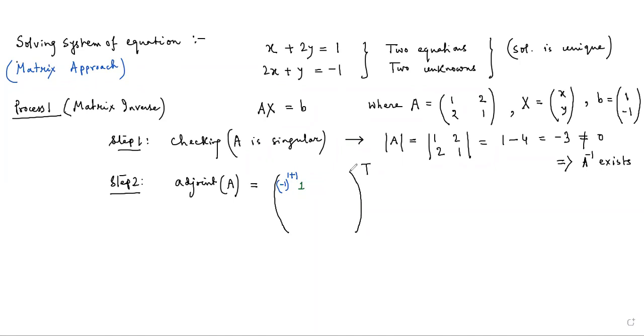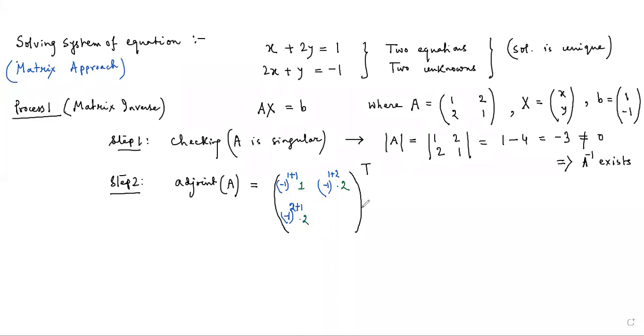Similarly, the cofactor of the element 2, since 2 is residing on first row and second column, we write -1 to the power 1 plus 2, and we consider the minor of this 2. The cofactor of the next 2 will be -1 to the power 2 plus 1, that is second row first column, and its minor will be there.